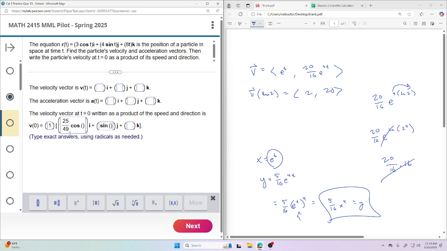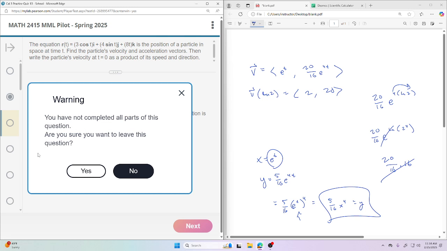I'll look at that and see it. I don't want you to get it wrong, but if you don't happen to put it in correctly, that's on them, not you.